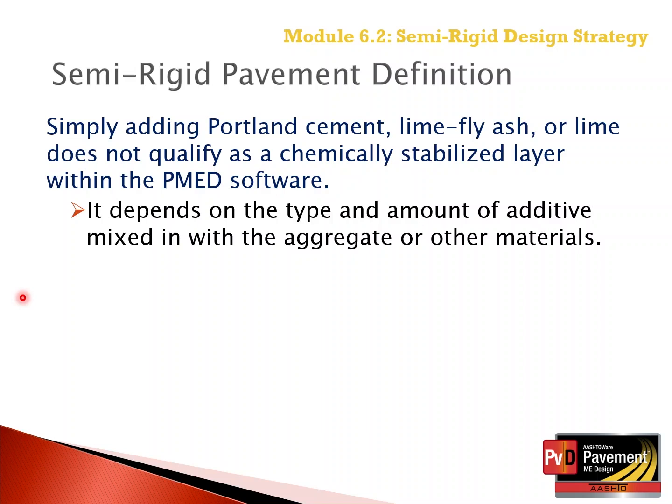In other words, the material that's added. A sufficient amount of material needs to be added to the aggregate so that a mixture with flexural strength that can resist tensile strains is the end product.